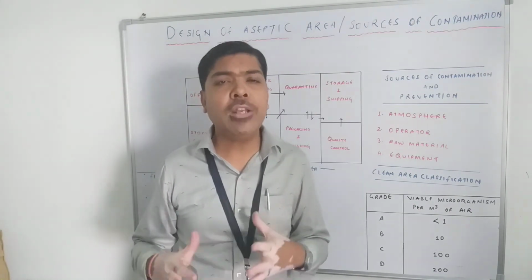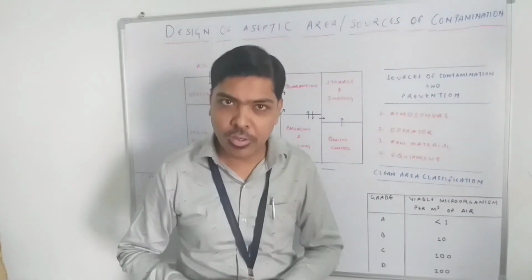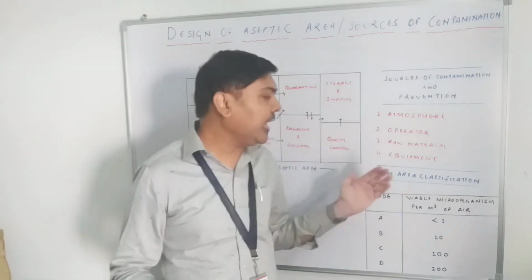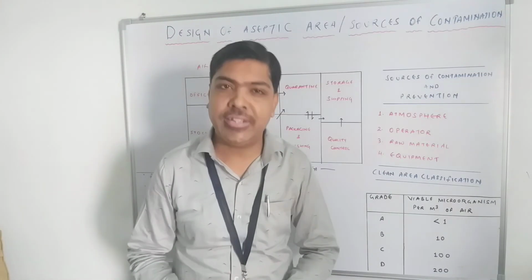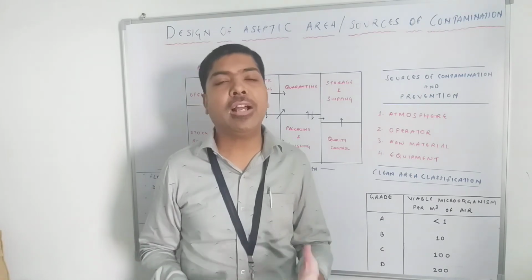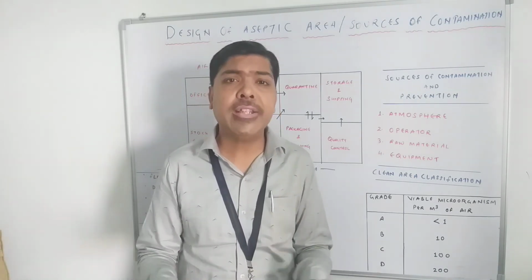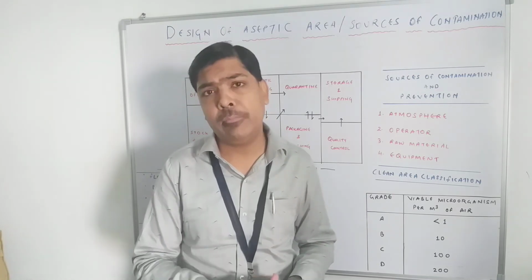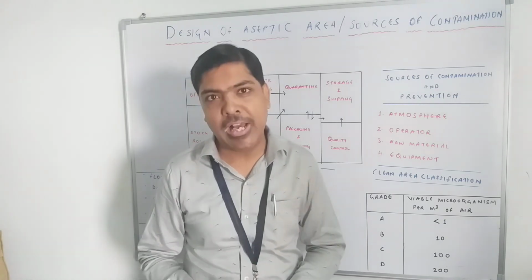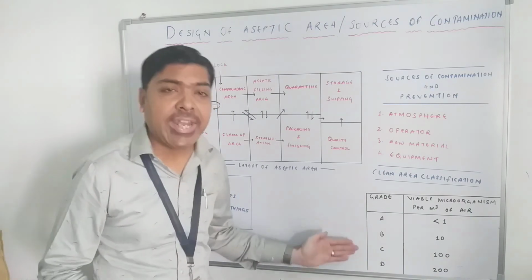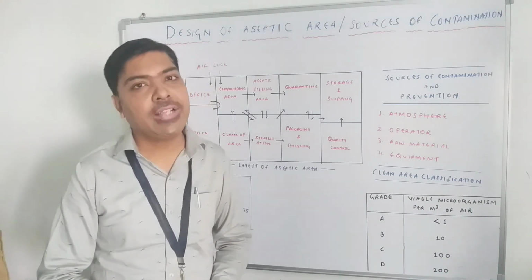So depending upon the location and the room, the clean areas are classified. The classification of the clean area depends upon the number of microorganisms available per cubic meter of that particular area. Different grades of clean area are available.